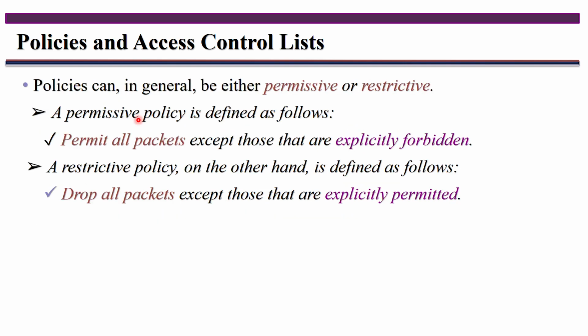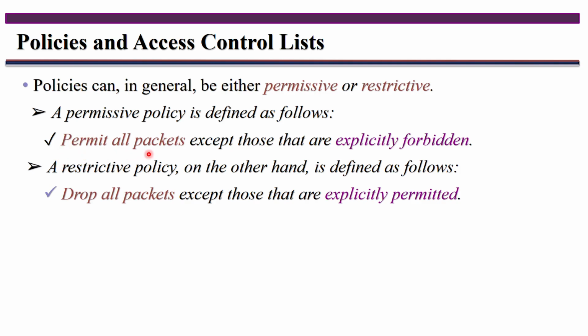Yes, based on the security policies, it controls the access here. So what type of action does it have to perform if the rules are not followed? Those actions are permissive and restrictive. Okay, policies. Permissive policy is, except those that are explicitly forbidden. Means what?